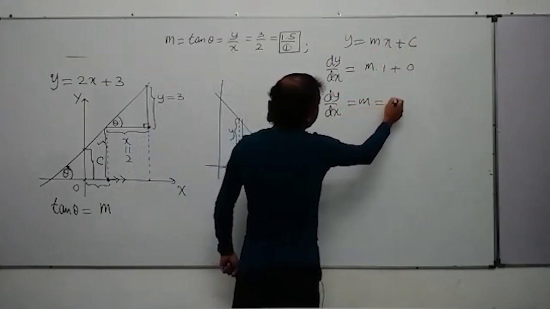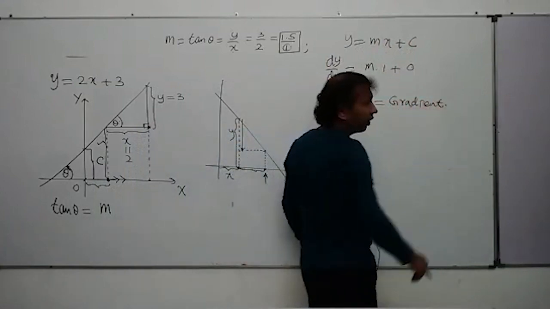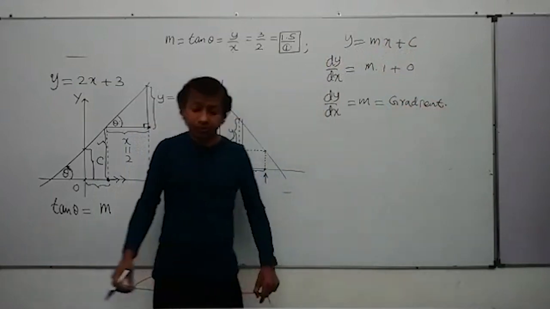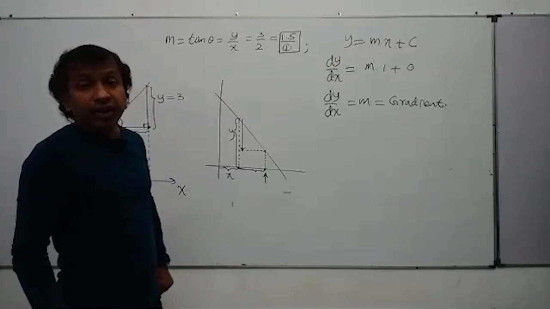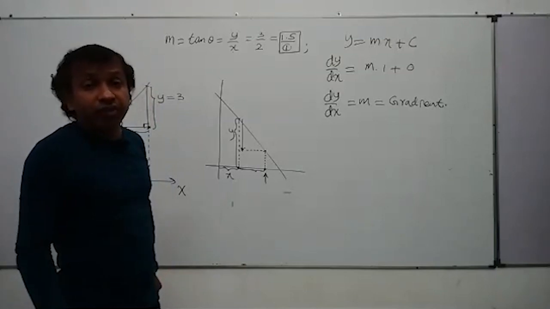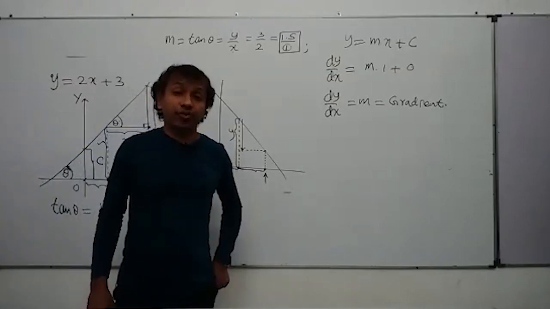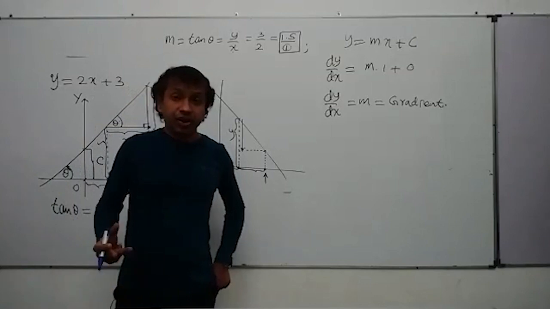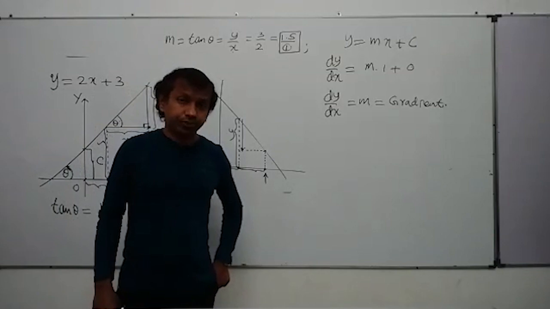M means the gradient. Therefore, people, what is the practical meaning of dy by dx? The practical meaning of dy by dx, the differential coefficient or first derivative, is that we get the gradient function of a given graph. The graph can be a straight line, a quadratic graph, or any other curve. Understood?